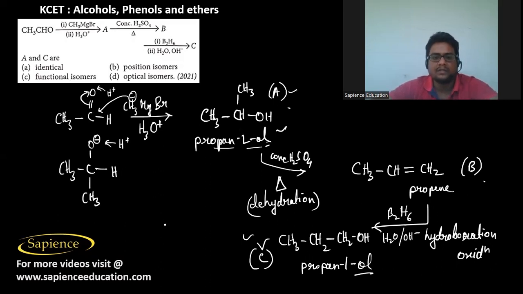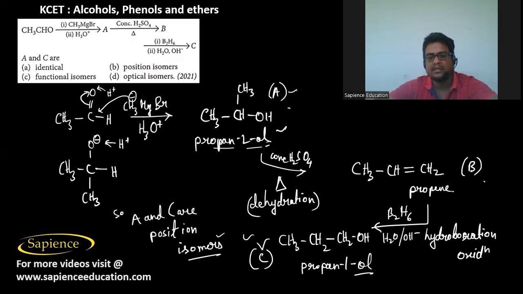So obviously they are position isomers, since in A the alcohol group is attached to the second carbon and in C the alcohol group is attached to the first carbon. So option B is the correct answer.